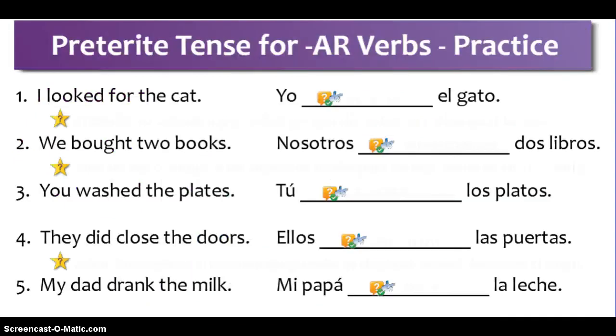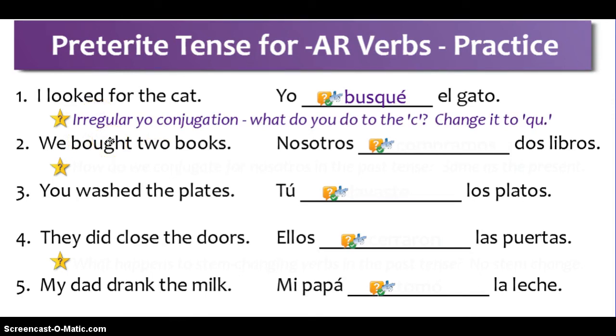And lastly, just a little quick practice. Can you conjugate: I looked for the cat. Yo busqué el gato. What was special here? Irregular yo conjugation. Your C in buscar changed to a QU before you put on the E. We bought 2 books.